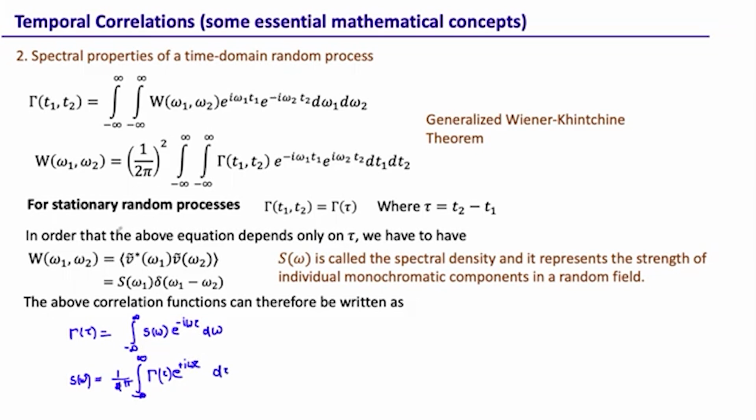The 1 over 2 pi appears because when you do the delta integral, there's a 2 pi involved. So for a stationary random process, that's the correlation and that's the spectral density, and these two are related by a Fourier transform. This is called the Wiener-Khinchin theorem.